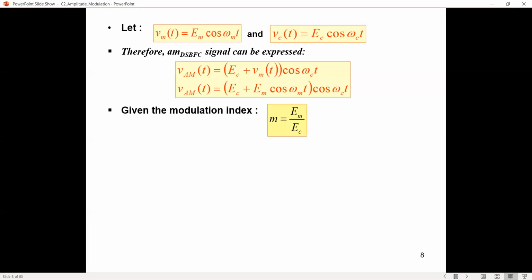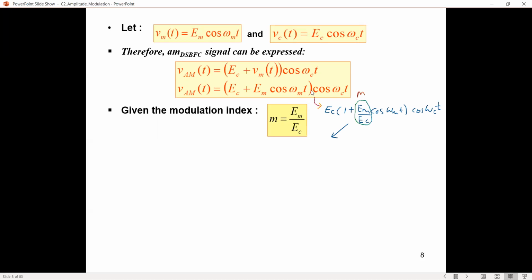And for full AM, this is only for full AM, the modulation index is equal to EM over EC, which is the information signal's amplitude divided by the carrier signal's amplitude. So this is the definition of modulation index for full AM.